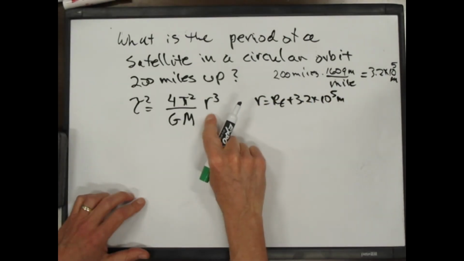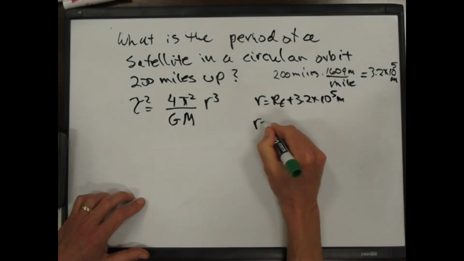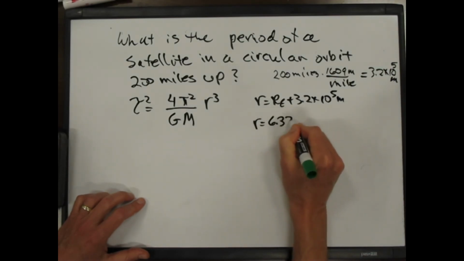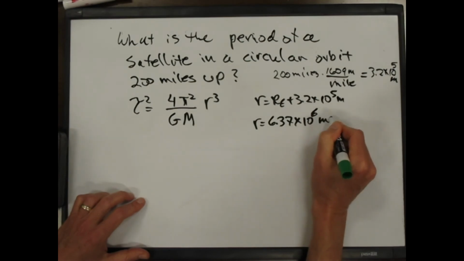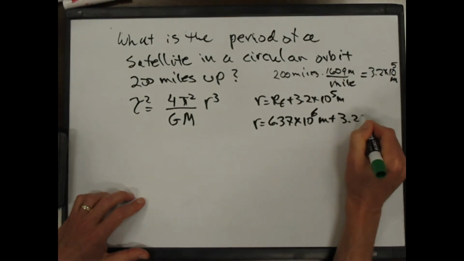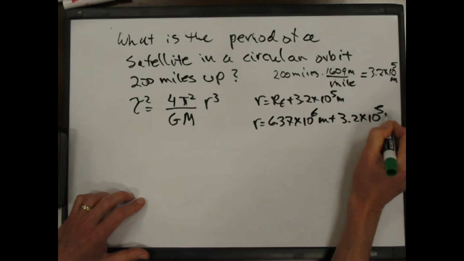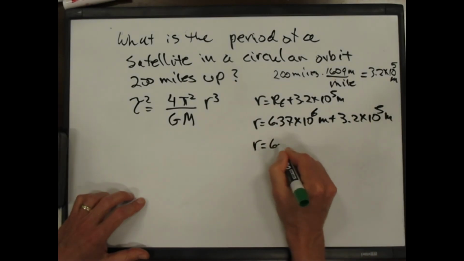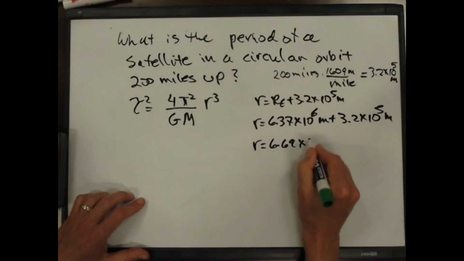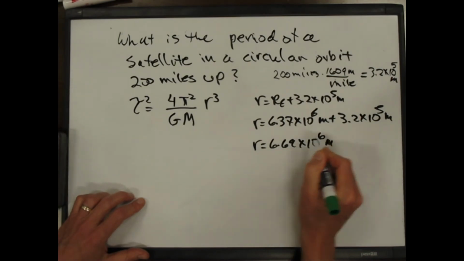This r is its semi-major axis, and so that's relative to the center of the Earth. And so r is equal to 6.37 times 10 to the 6th meters plus 3.2 times 10 to the 5th meters, which is 6.69 times 10 to the 6th meters.